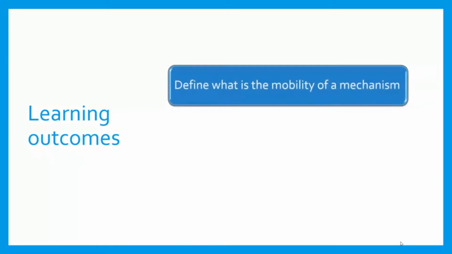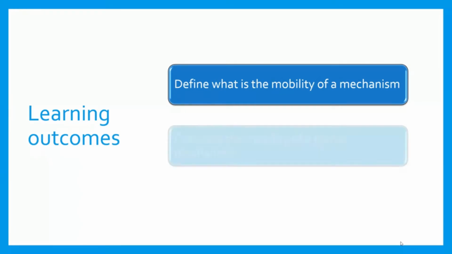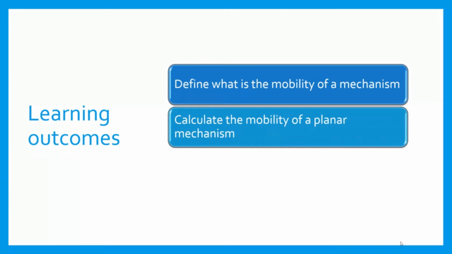So, first, you will be able to define what is the mobility of a mechanism. This is very important. And second one, and the most important one, is to know how to calculate the mobility of a planar mechanism. You are focusing on two-dimensional problems, two-dimensional kinematics.